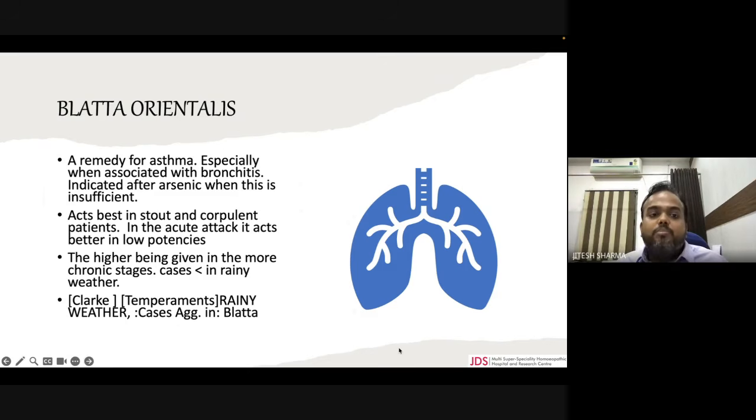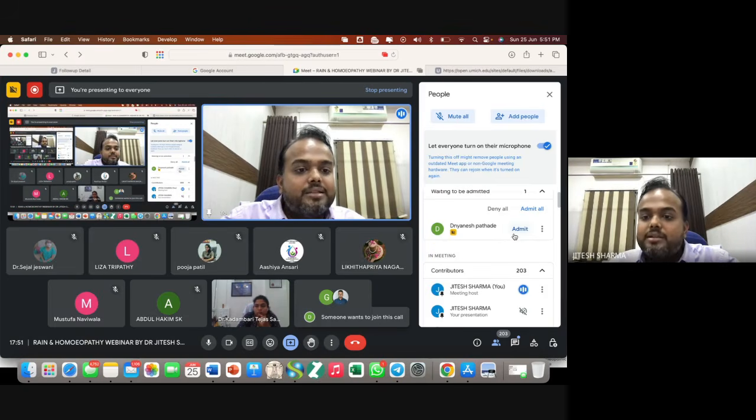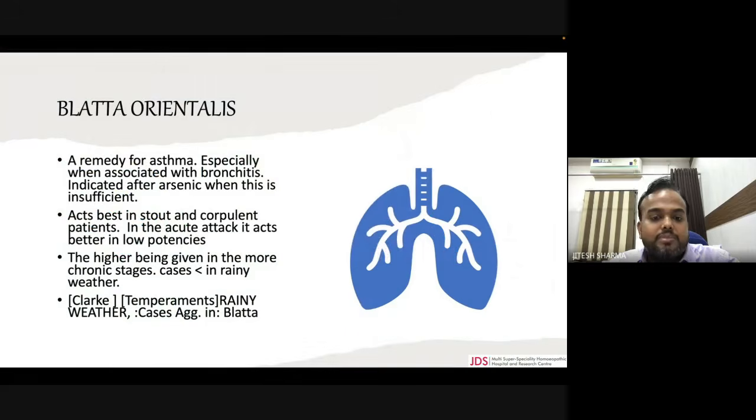Blatta. Let me tell you, Blatta is a wonderful remedy for asthma, especially in rainy weather, when it gets aggravated. It is a remedy for asthma, especially when associated with bronchitis, indicated after Arsenic when this is insufficient. What do you understand by this? You're tired of giving Arsenic, it is not responding, simply give Blatta and see the magic. Now, in which kind of patients? It is written, acts best in stout and corpulent patients.